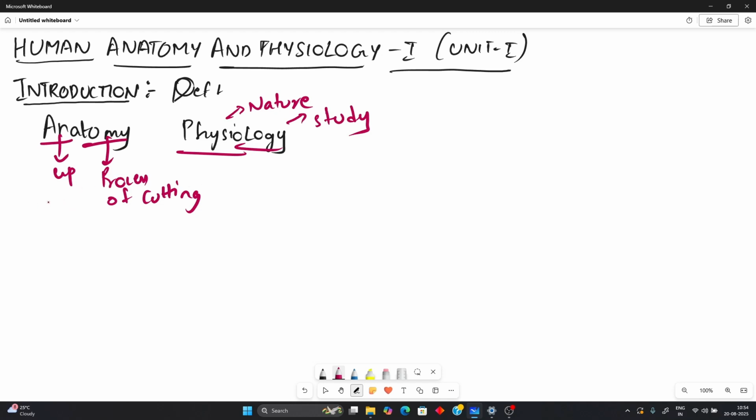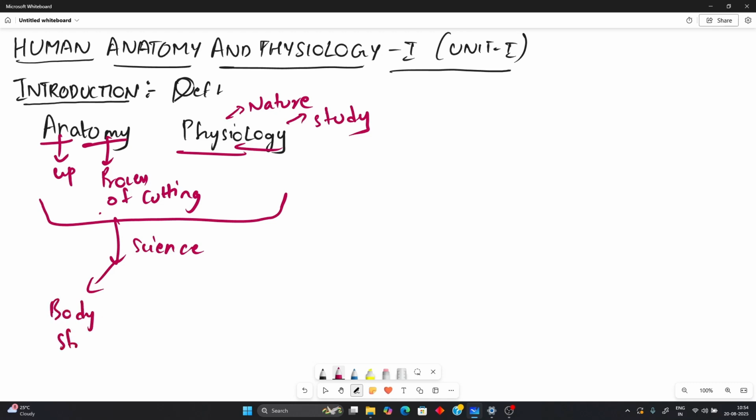So these are two branches of science, where one is the science of body structure, and the other is the science of body function. So anatomy is the science of body structures, whereas physiology is the science of body function. It tells how the body parts work.